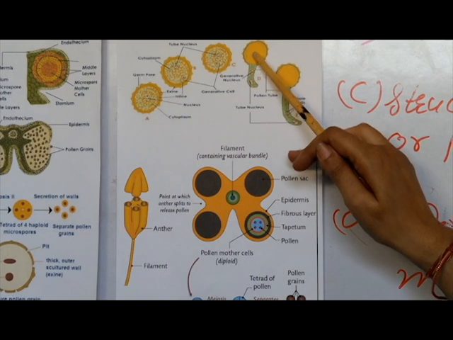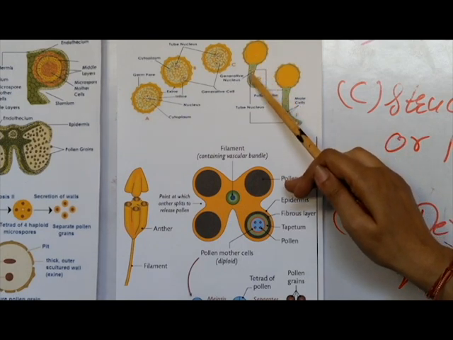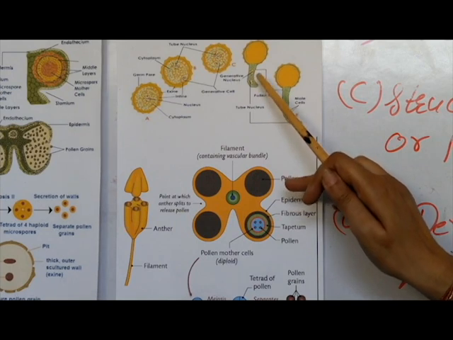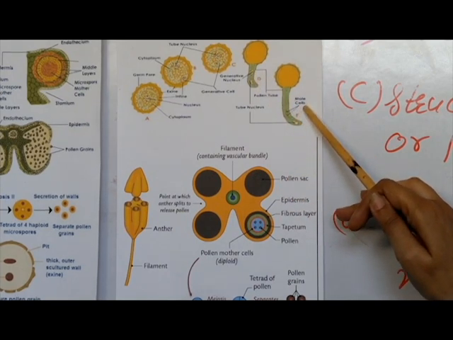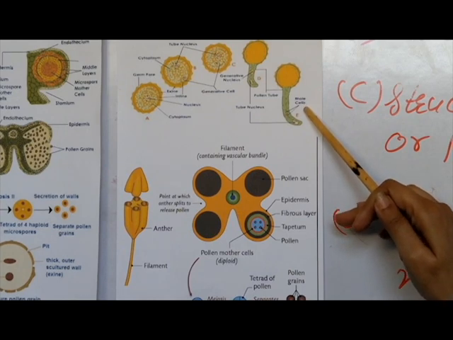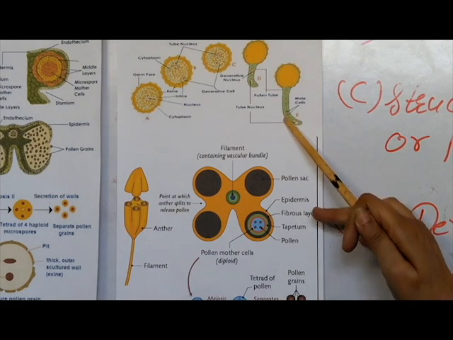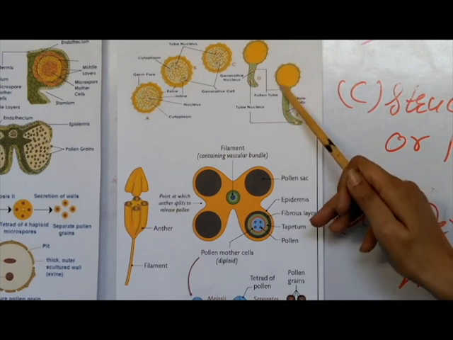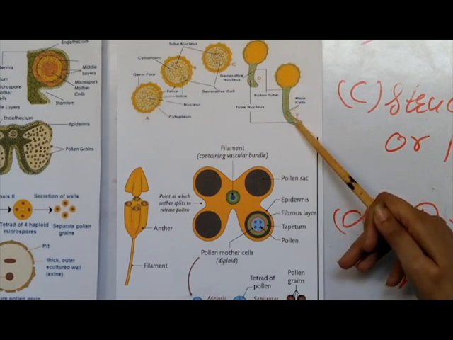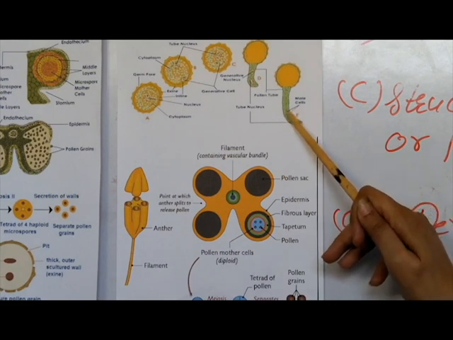Other contents of the pollen grain also shift here. The generative nucleus also shifts here, and it simultaneously splits into two male cells. In flowering plants, two male gametes participate in sexual reproduction and they undergo double fertilization. So this pollen tube starts passing in the female part. This we will discuss later on.